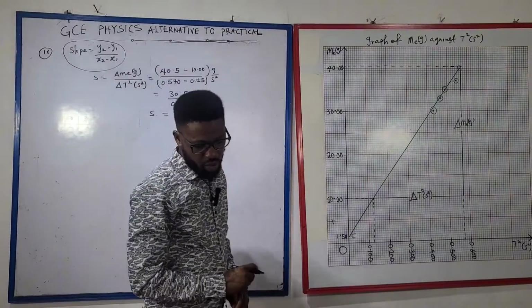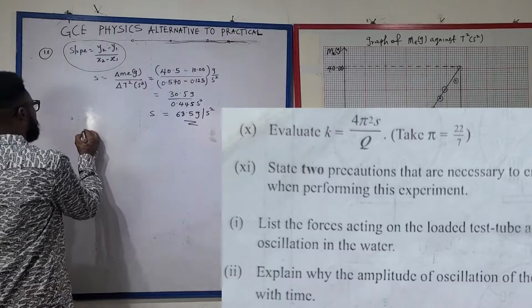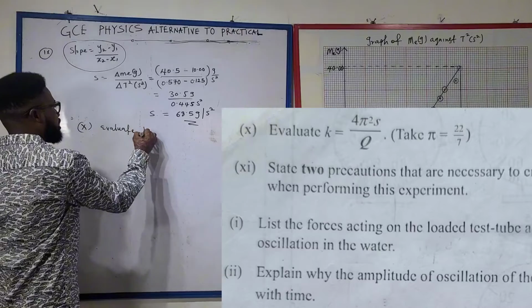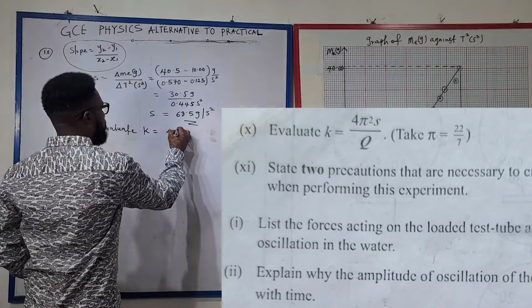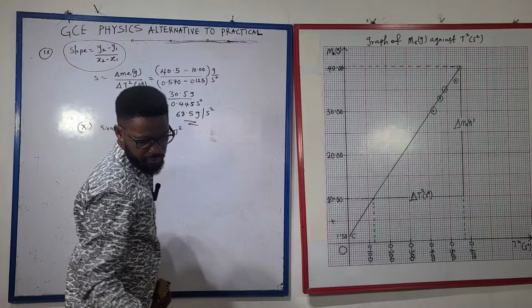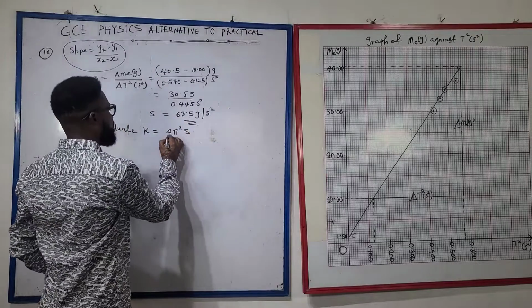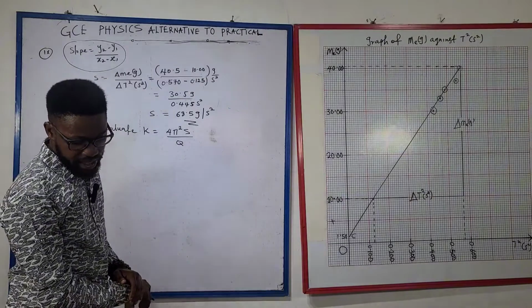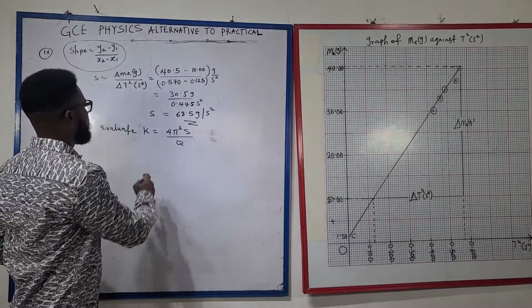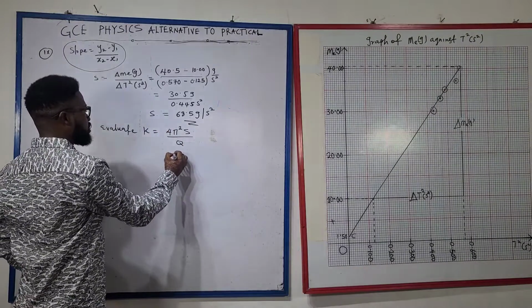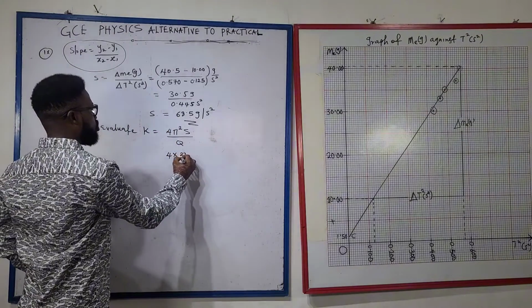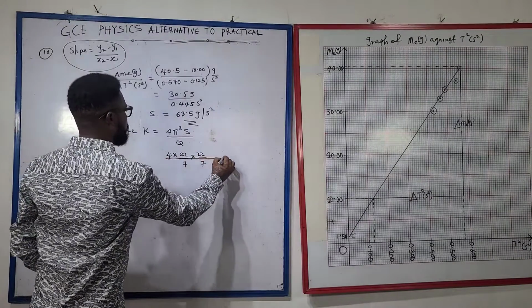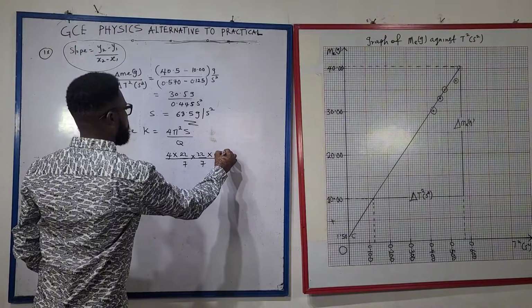Now the next question, that's question 10. Question 10 says, evaluate K equals 4 pi square x divided by Q. And so that's going to mean 4 times 22 over 7 times 22 over 7 times my slope, which is 68.5.